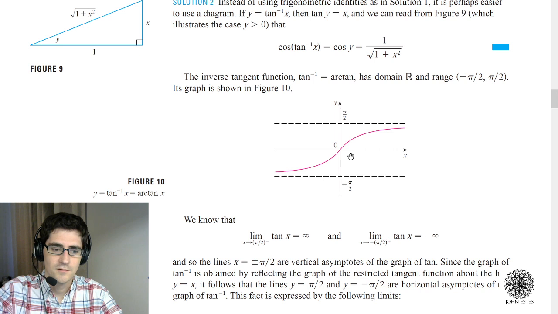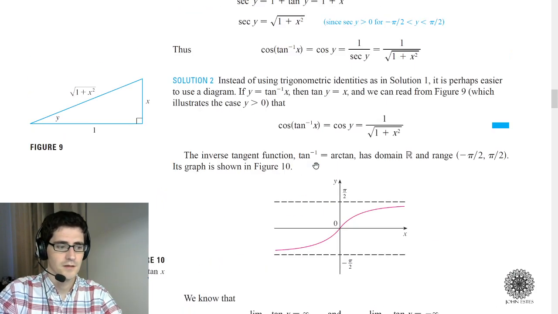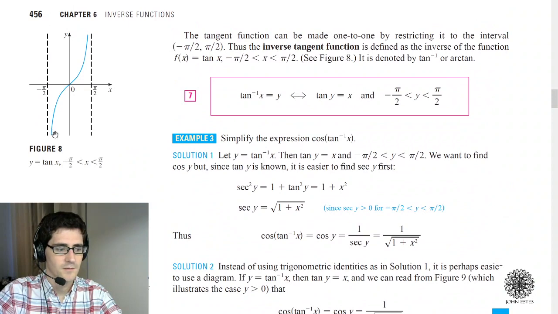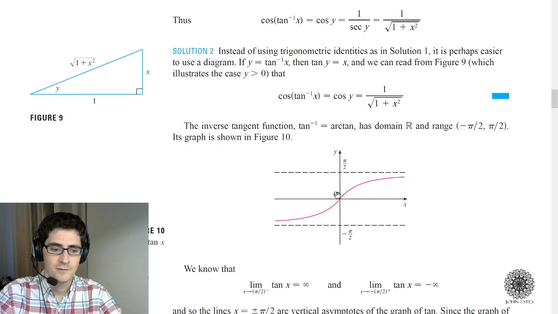Okay? And so notice here, my domain for arctan is not limited to -1 to 1. Tangent can actually attain any value, right? Look at the graph. Tangent can go from negative infinity to positive infinity in its range. So the domain of tan inverse is negative infinity to positive infinity, which is very interesting.